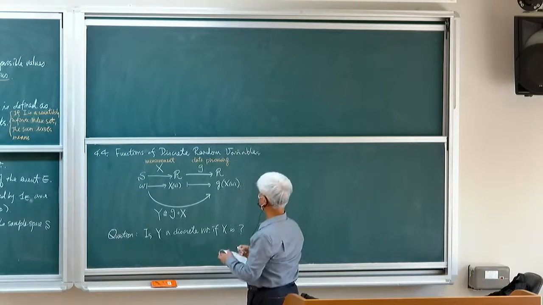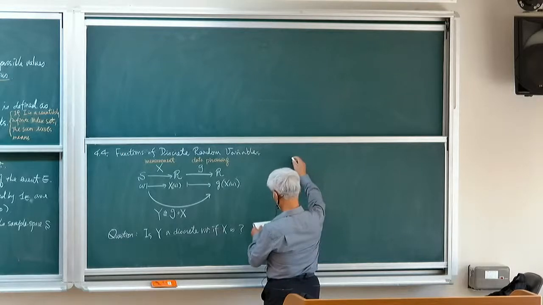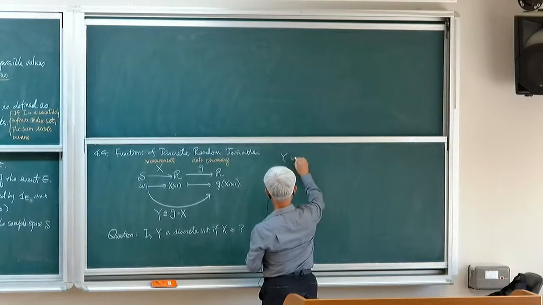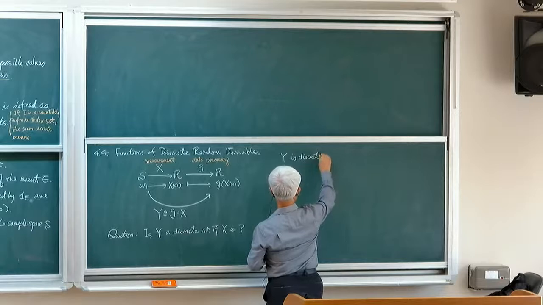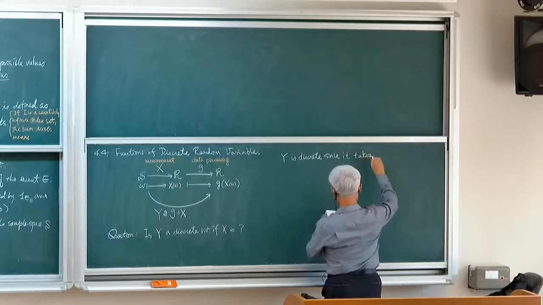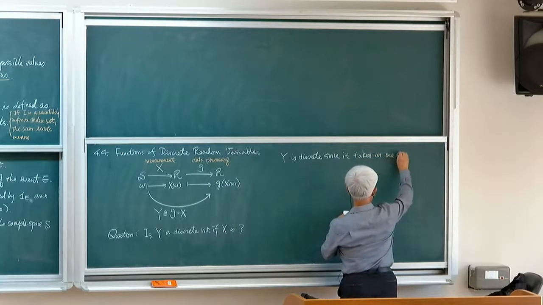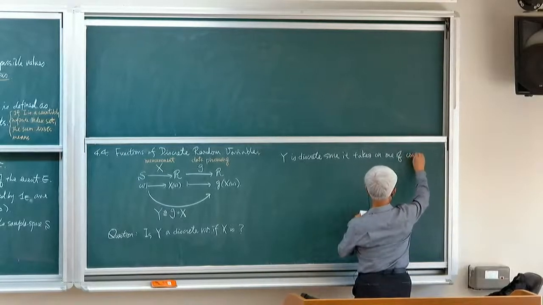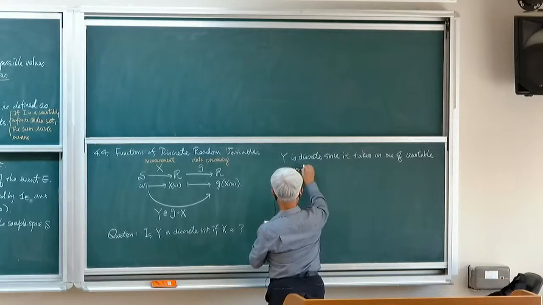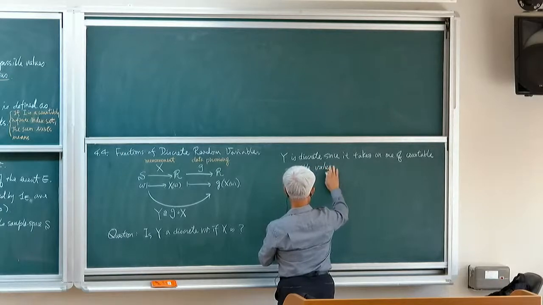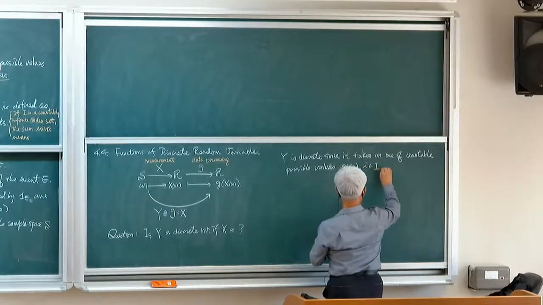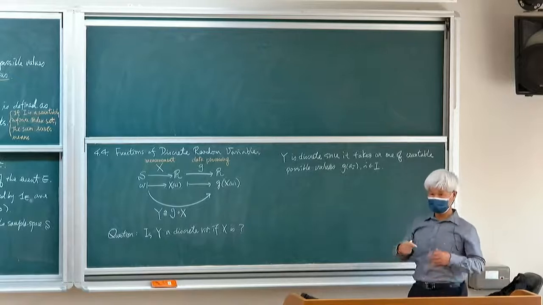Now, all right, so first of all, y is discrete since it takes on one of countable possible values g of a_i for i in I, because the index set capital I is countable.